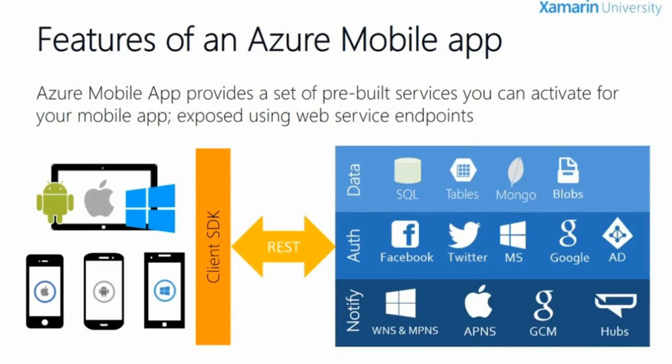Those under the surface use things like HTTP client, but we don't really concern ourselves with that most of the time. In fact, there are actually client SDKs for not just Xamarin and not just .NET, but there's Objective-C client libraries, there are Java client libraries, JavaScript client libraries. Of course, we hope that you're using the .NET client libraries running on Xamarin, but that's not a requirement.